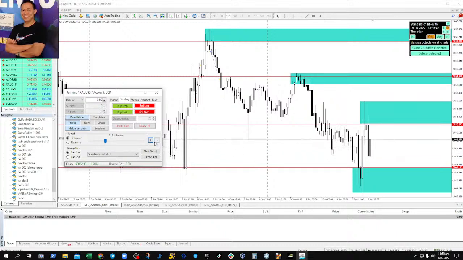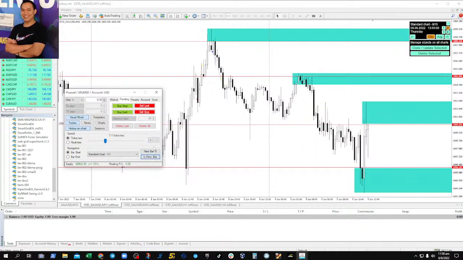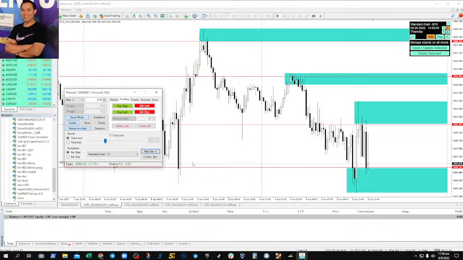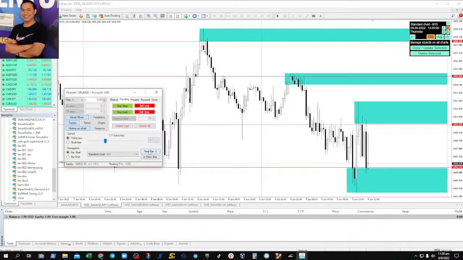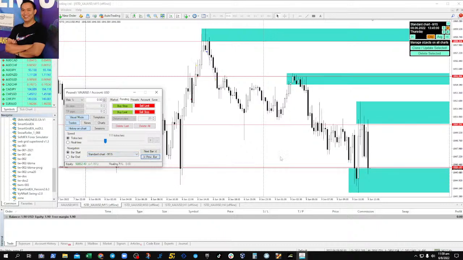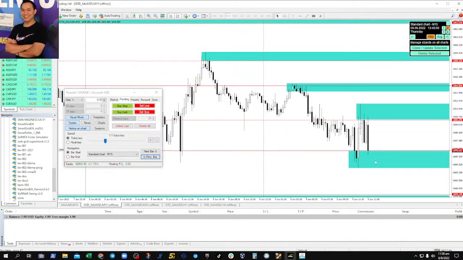Okay, so this is a wait. So okay, previous bar. Next bar. What? Oh wait, no wonder. Okay, previous bar. So now this is a bearish engulfing, and if you can see here, trend is going down.